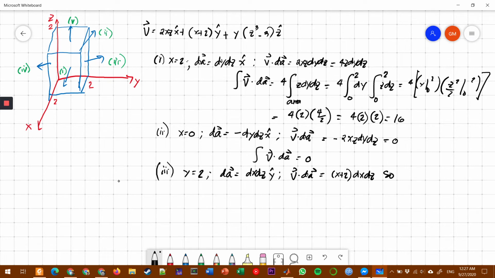So we integrate v dot dA, evaluated from 0 to 2. So we have x plus 2 dx, and the z component, so this is z evaluated from 0 to 2.